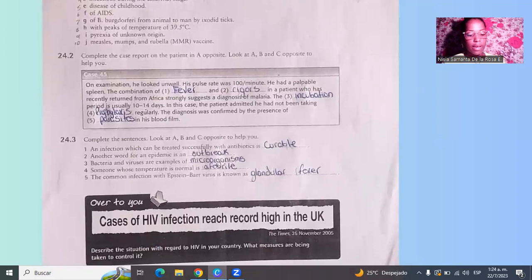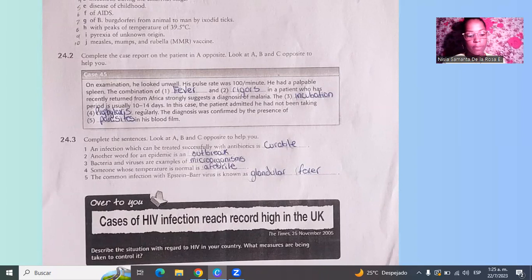24.2. Complete the case report on the patient in A opposite. Case 14. On examination, he looked unwell. His pulse rate was 100 per minute. He had a palpable spleen. The combination of fever and splenomegaly in a patient who had recently returned from Africa strongly suggests a diagnosis of malaria.